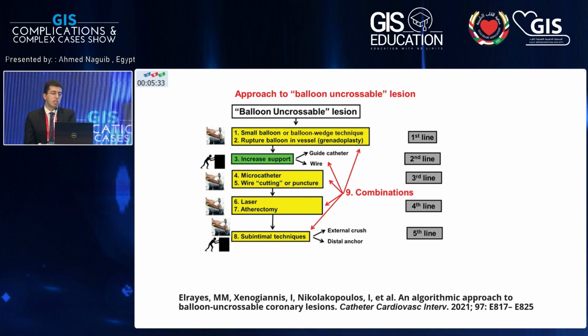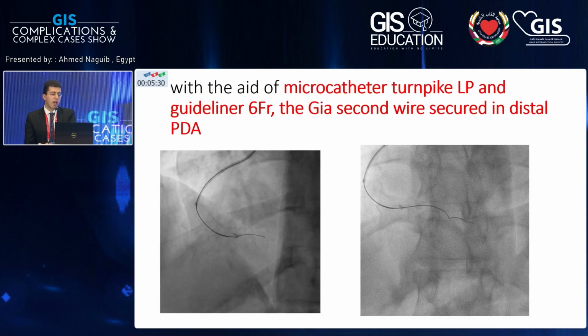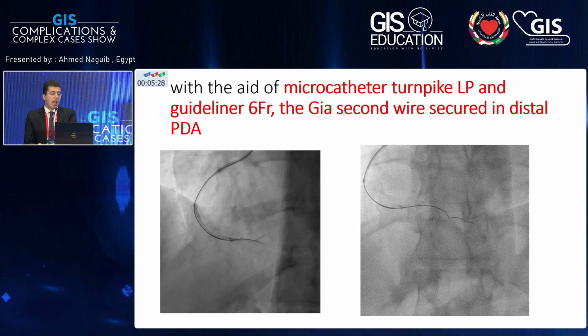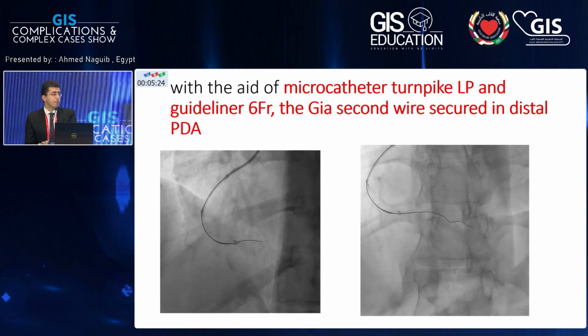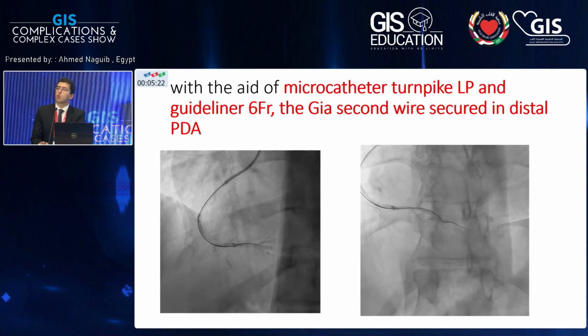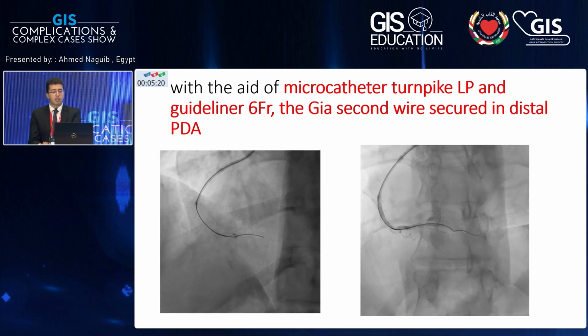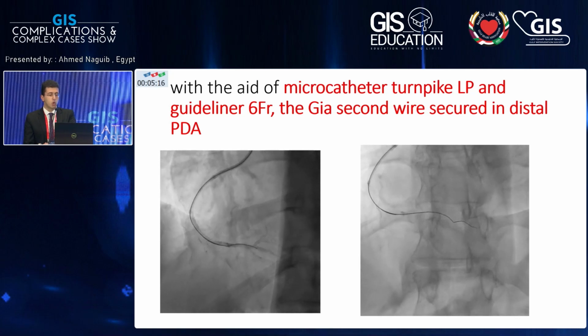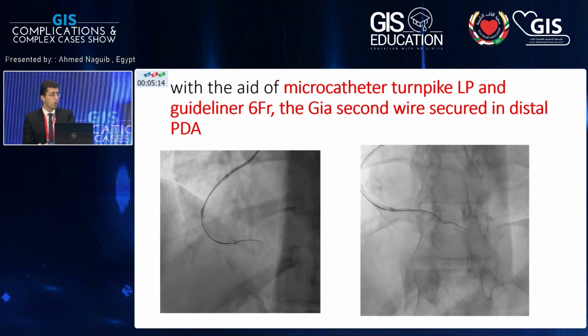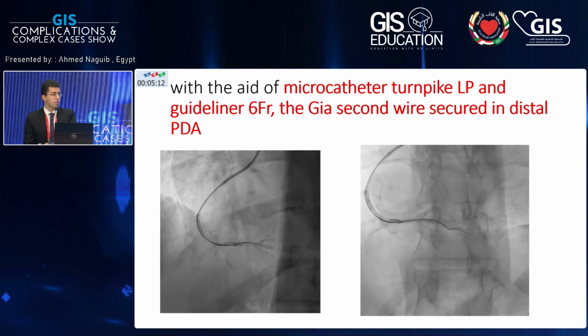We changed the microcatheter to the Turnpike LP, and we rewired through the post-PDA, injected through the microcatheter, and then we successfully secured the distal PDA with the Gaia Second, with the help of the Turnpike LP.